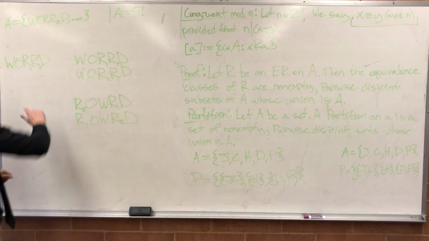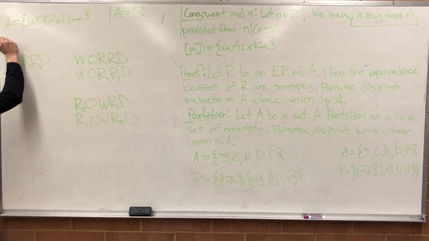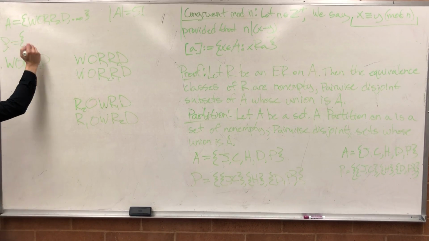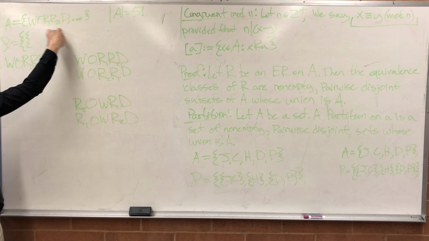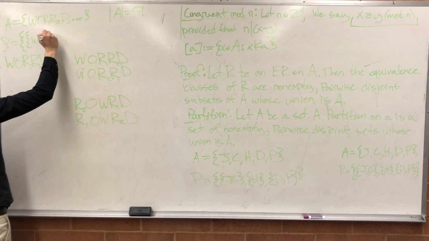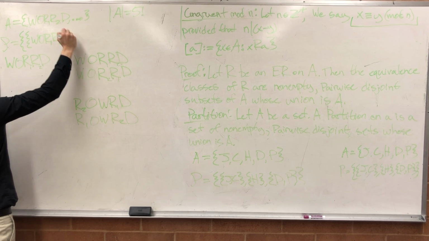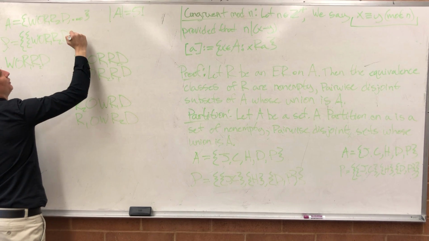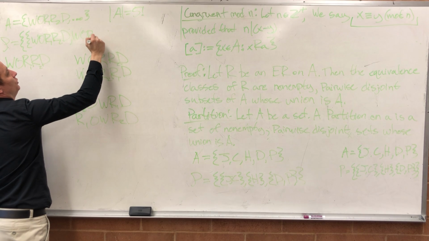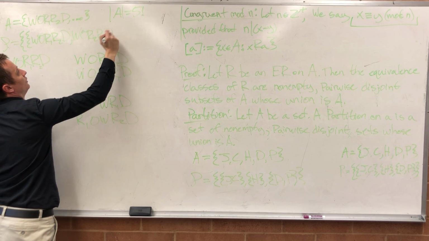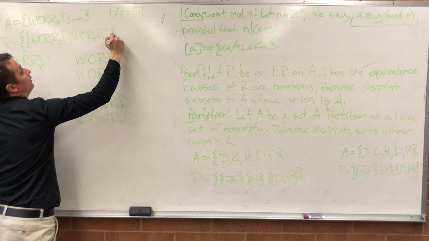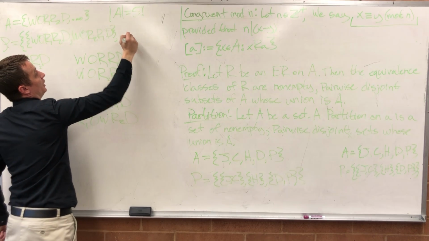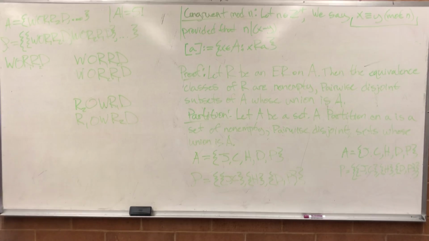So we could create a partition P. P is going to be equal to: if we have this word, W, O, R1, R2, D, then it's also going to have W, O, R2, R1, D, and then comma, dot, dot, dot, all the parts.